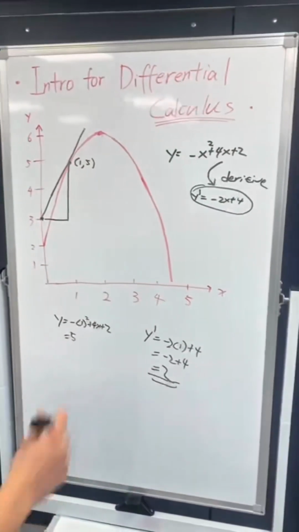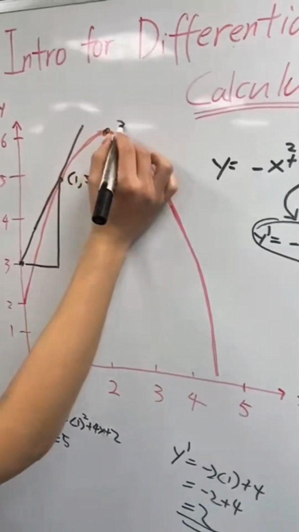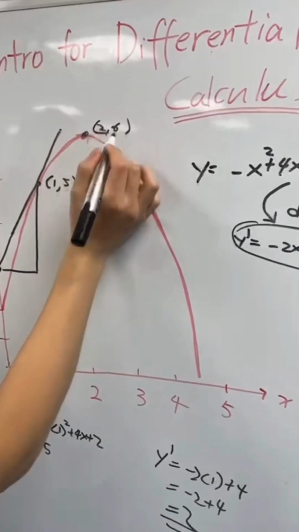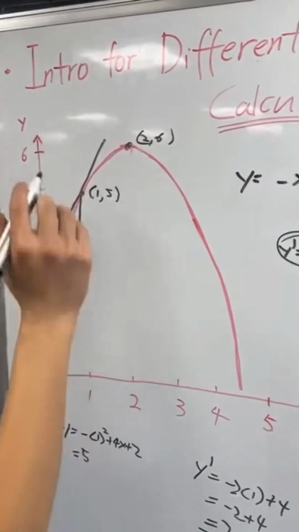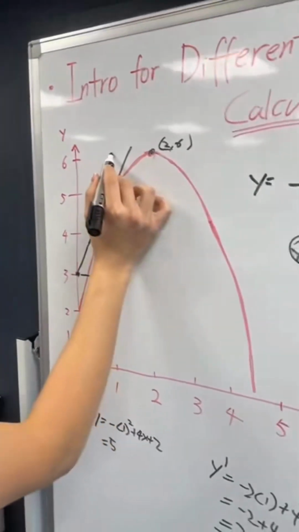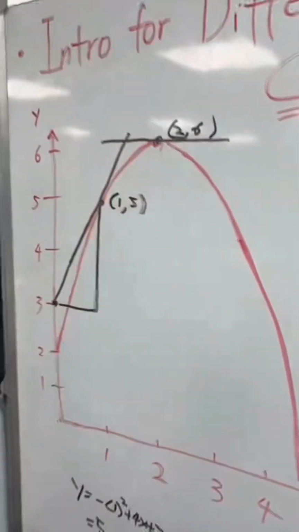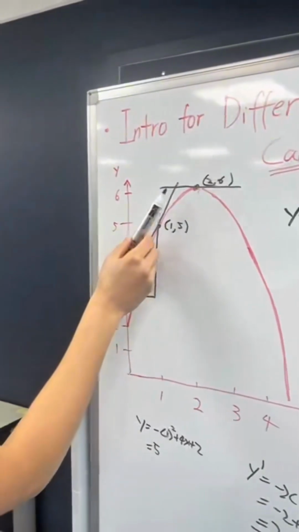Now for a different example, say for this point up here, that is (2, 6), also on the same curve. On that point, the slope would be perfectly flat, say this marker was the slope.